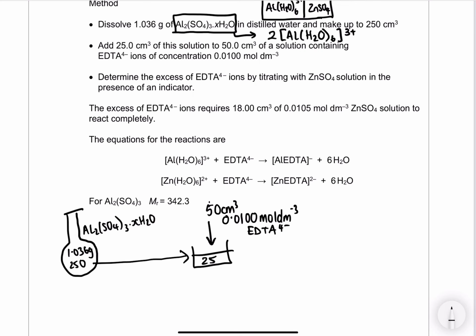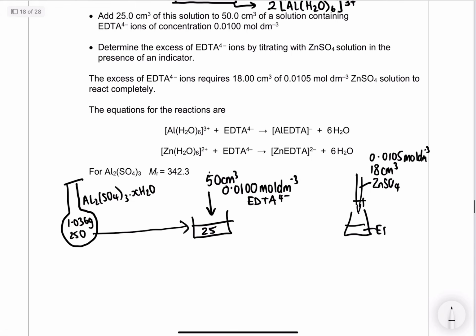We then took the excess and titrated it with ZnSO4, and it was 18 centimeters cubed of 0.0105 moles per decimeter cubed ZnSO4, and this was the excess EDTA.